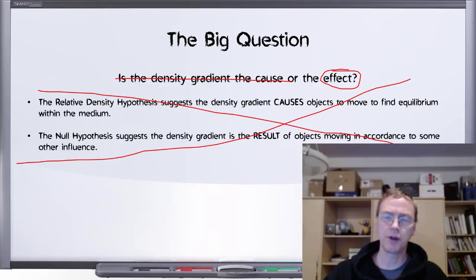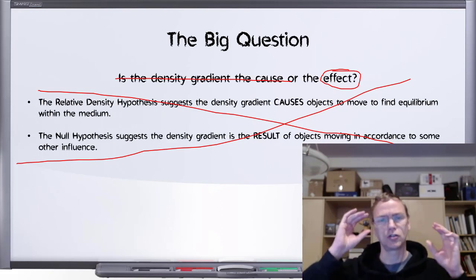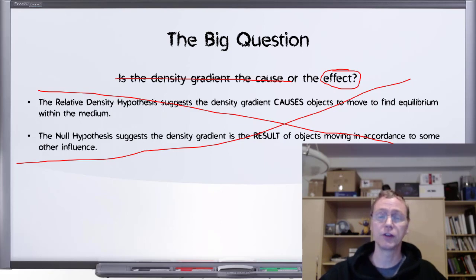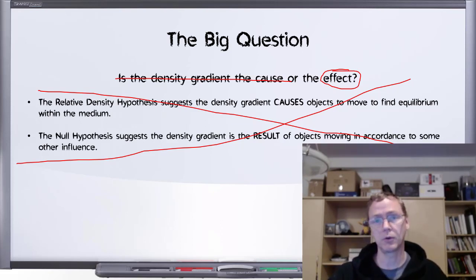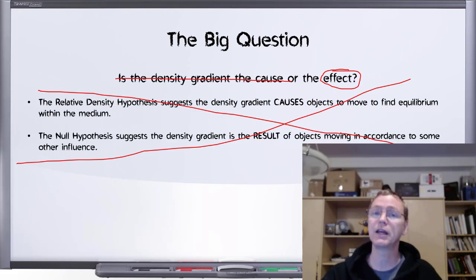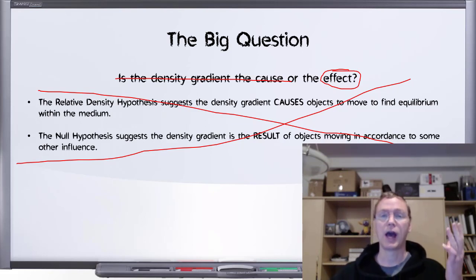What I want to do with these hypotheses and experiments is to determine whether this relative density idea is correct or the competing idea, which of course, we've heard of, Newtonian gravity. That's got to be on the table for our competing ideas. How can you tell which is correct?